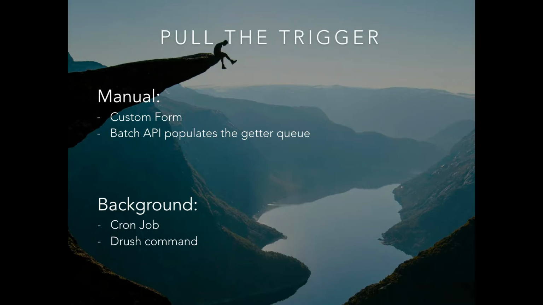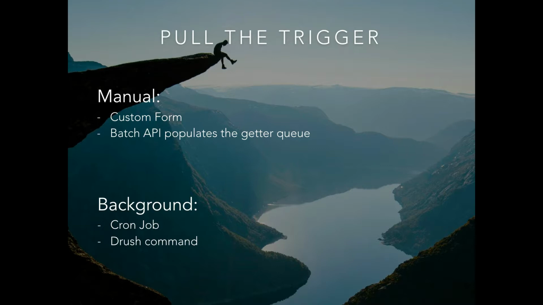So the idea behind the manual trigger is only to populate the first queue. It means that when you have a custom configuration form, you will feed into the operation to get the source files and save them into the first queue, and that's it. The batch will end there, and it will be very fast, because all it does is just queue the links to your source files, to the feeds or names of the files, whatever happens to be your source.